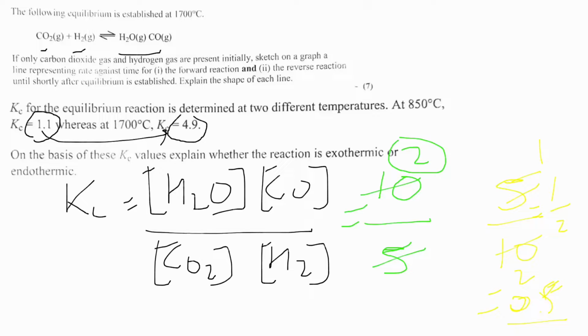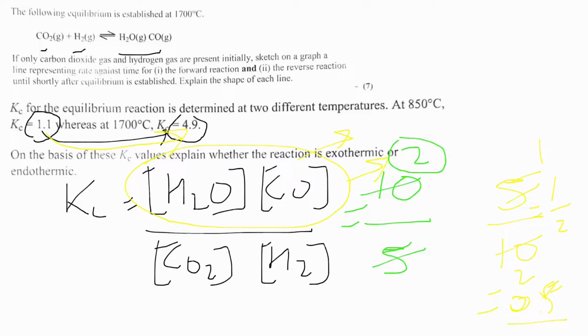But whenever the Kc value is more than 1 and it increases, as here it was 1.1 and it increased to 4.9, that means the numerator value is increasing. In the numerator is the product, so the product value is increasing as the numerator value increases.